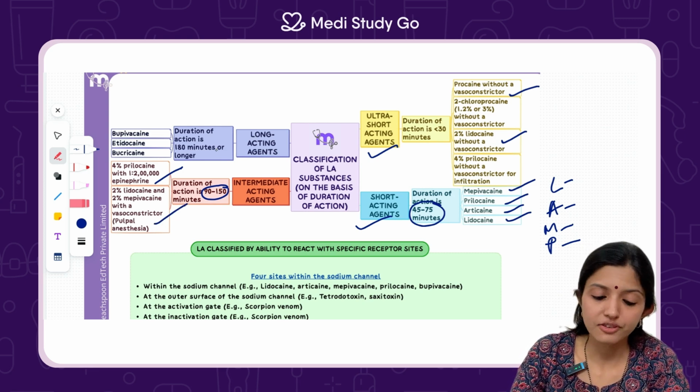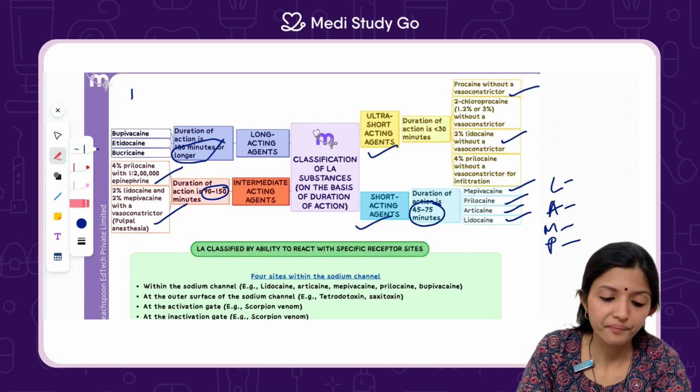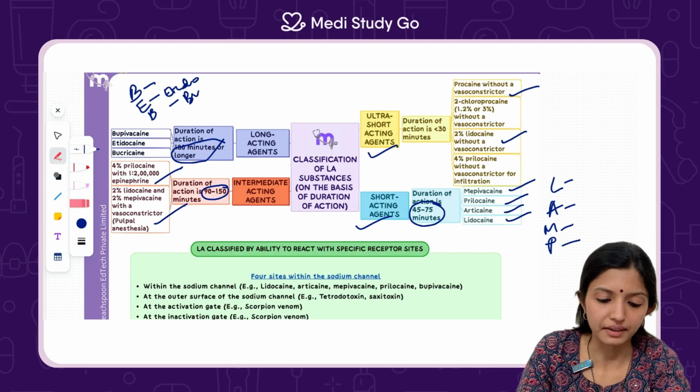Long acting agents have a duration of 180 minutes or longer, and those are your BEB, which is your bupivacaine, etidocaine and your bucricaine.